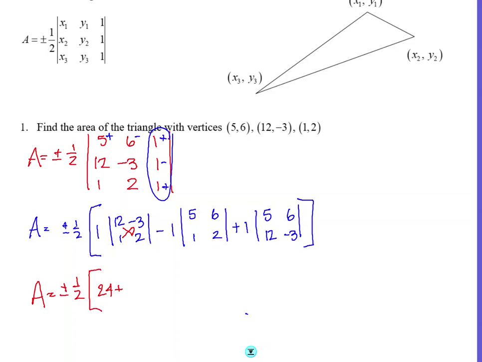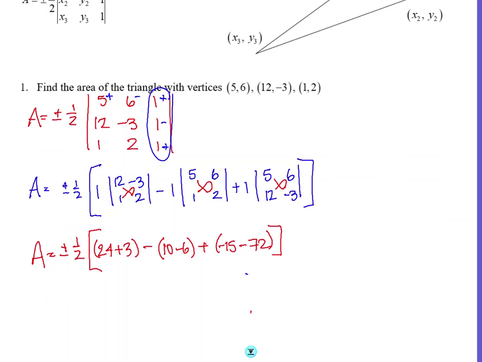24 minus -3, minus 10 minus 6, plus -15 minus 72. If we go ahead and simplify, we have plus or minus 1/2 of 27 minus 4 minus 87.